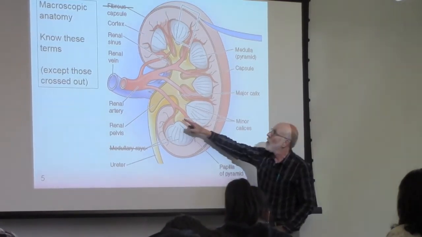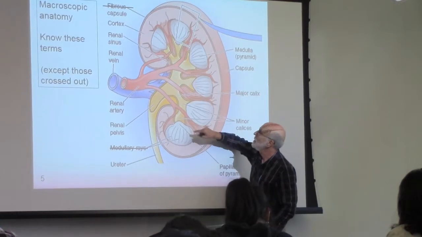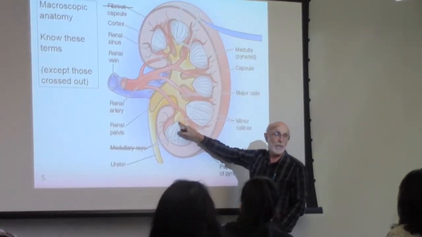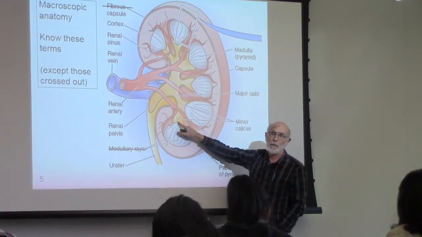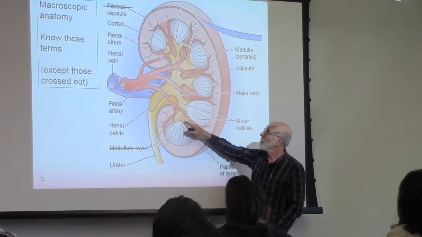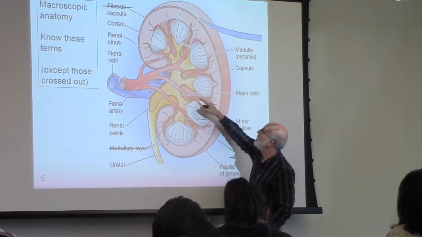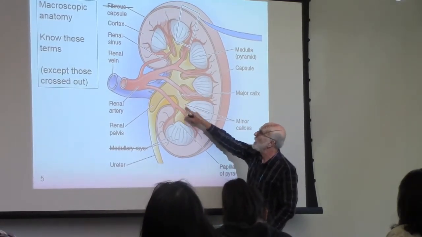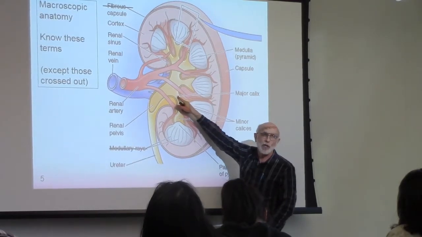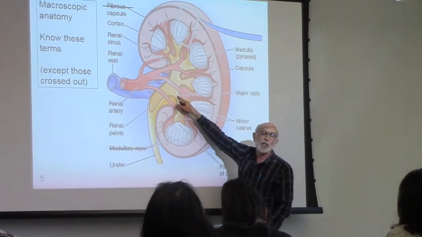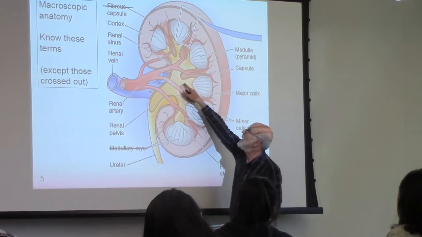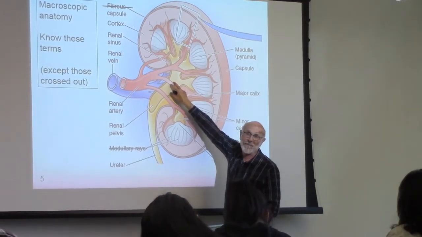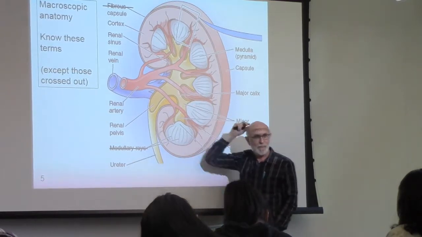So there are minor calyces that are the contact point with the papilla of the pyramid. Then one minor calyx is connected to a larger structure called a major calyx. The major calyces are connected to the pelvis. Okay?